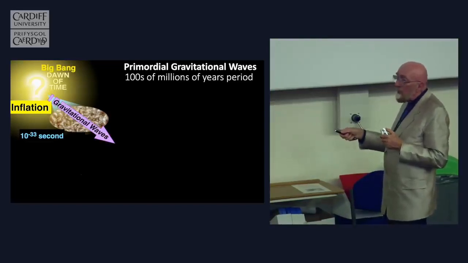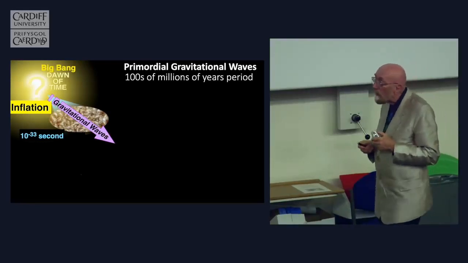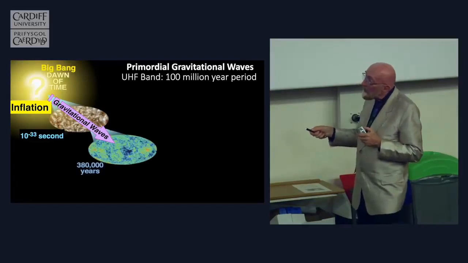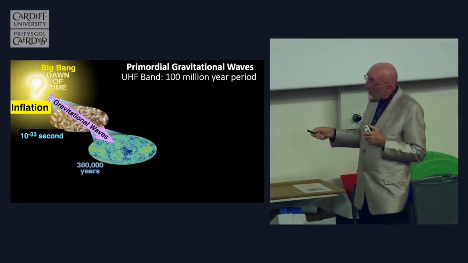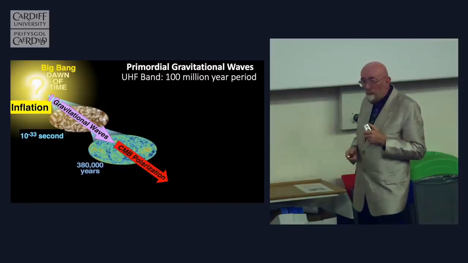And these gravitational waves, a very rich spectrum of gravitational waves that have been amplified by inflation, interact with a hot gas when the universe was about 380,000 years old, and they put this polarization pattern on the hot gas, which astronomers have then searched for.